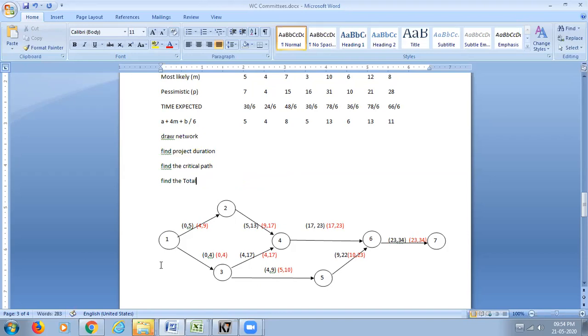In case of PERT, they ask you to find the standard deviation of the project, find the variance of the project, and find the standard deviation of the project.